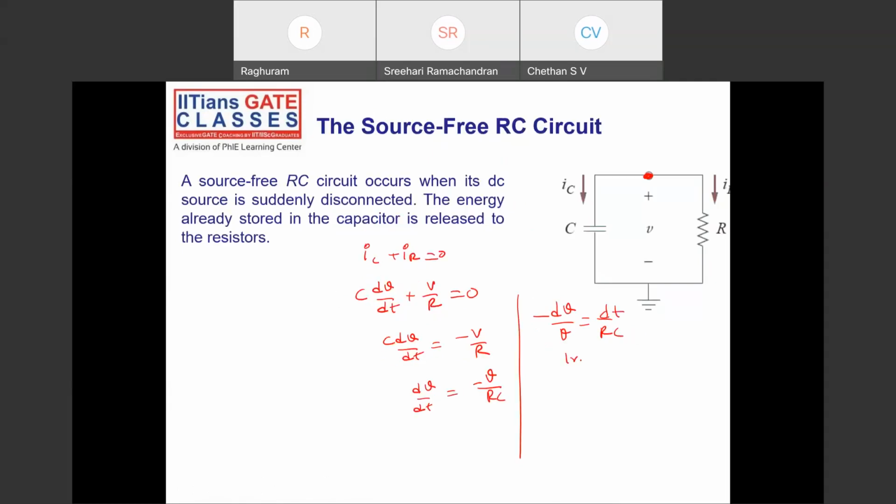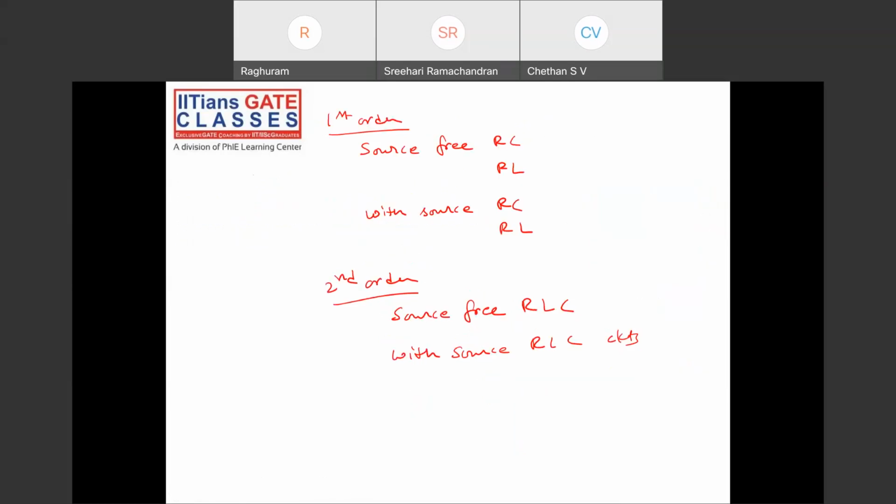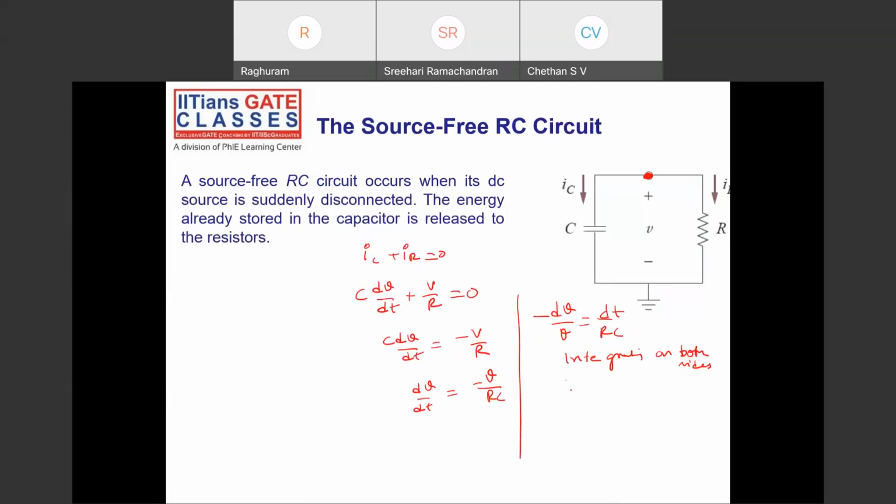So integrating on both sides, ln V is equal to minus t by RC, or V is equal to e power minus t by RC.